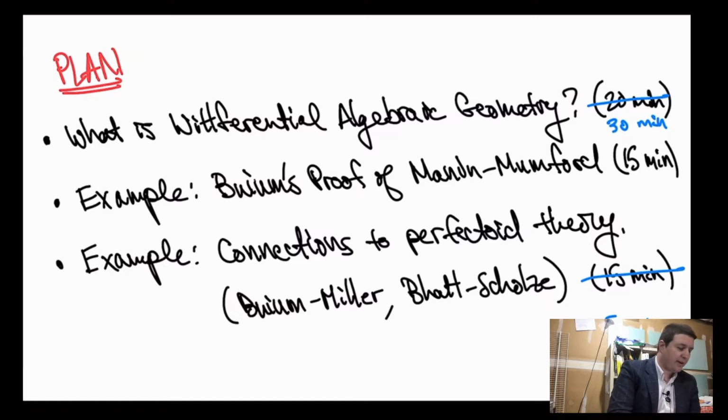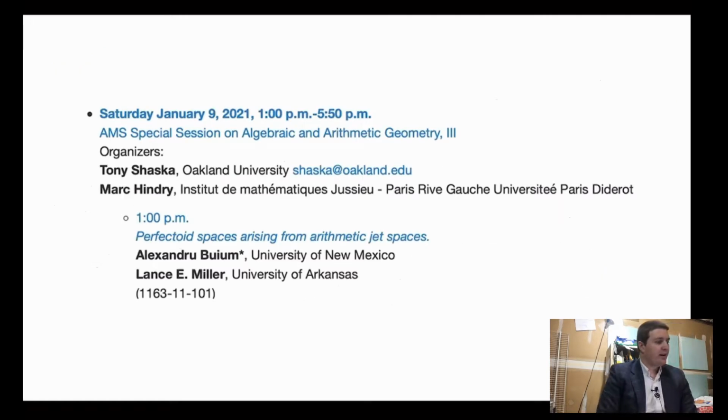Let me say that if I don't get there, there is another talk at 1 p.m. Pacific or Mountain Time on Saturday by Alex Boolean, and he's going to be talking about this result here, and some of the weird constructions that they've been able to do using these arithmetic jet spaces.